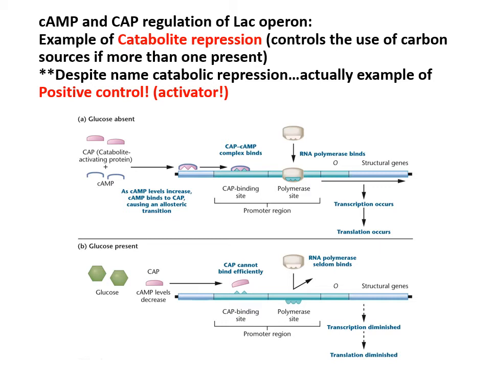So like we said, glucose is preferred. And what was discovered is that polymerases don't actually bind efficiently to the lac operon unless what's called CAP is also present. So CAP stands for catabolite activating protein.